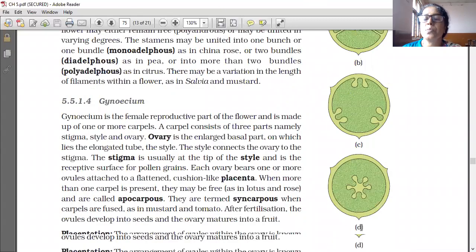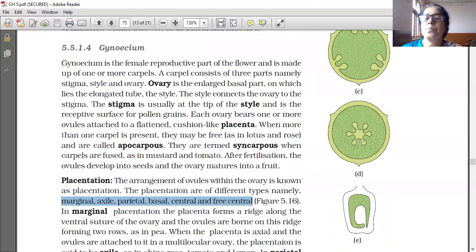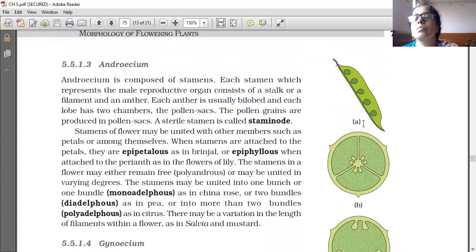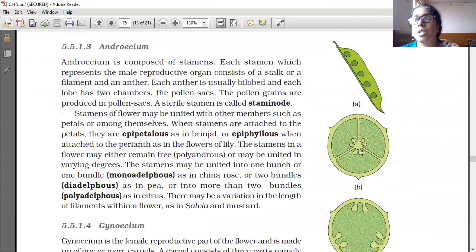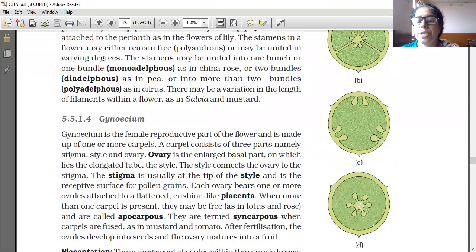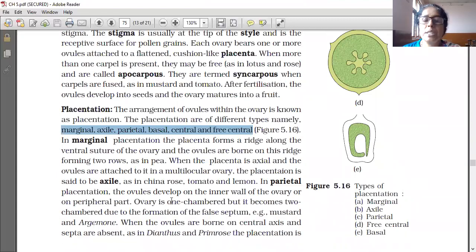This is axile placentation, where compartments are formed. This is free central, and this is basal placentation. Marginal, axile, parietal, free central, and basal placentation.